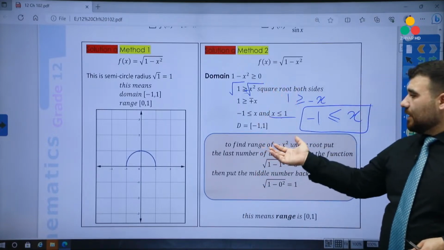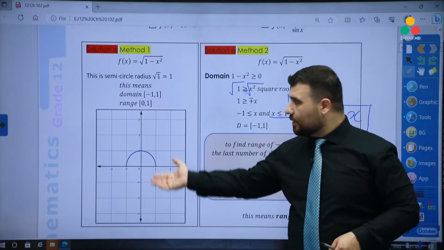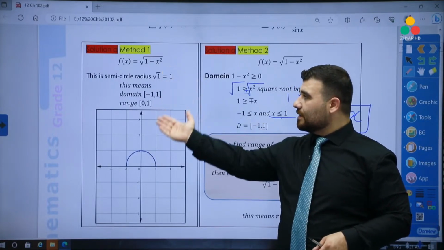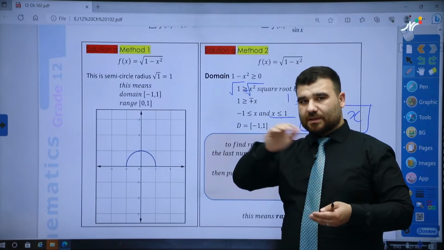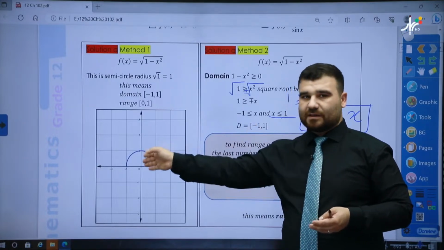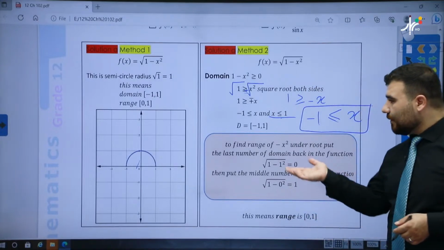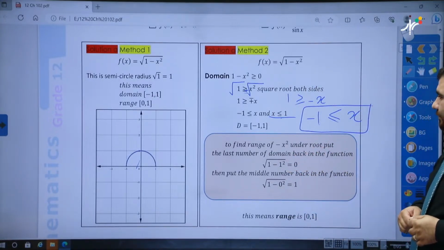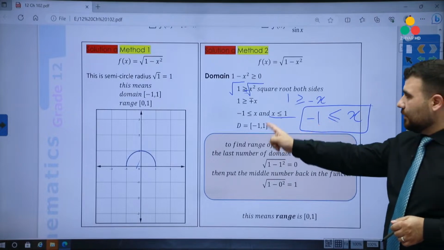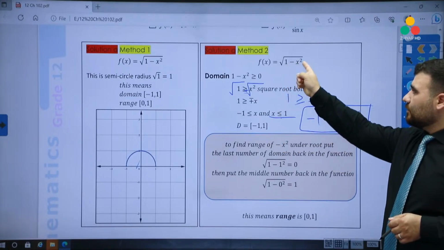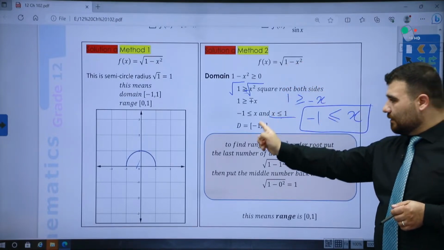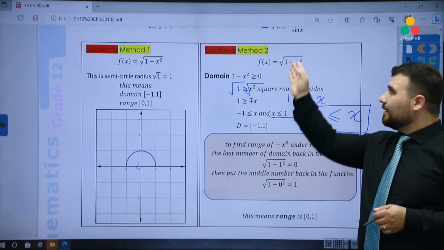This way is an algebraic way through calculation. This one is recognizing that this is a semicircle. A semicircle has the same radius in all the three directions. Here, to find range, if I put 1, 1 minus 1 squared is 0. If I put -1, again I get 0.